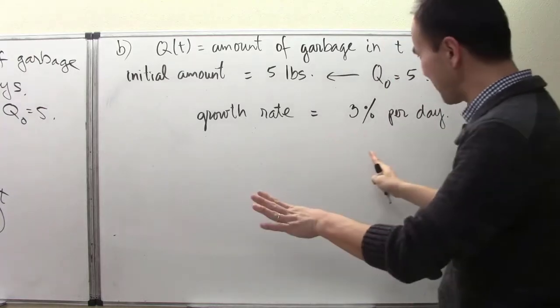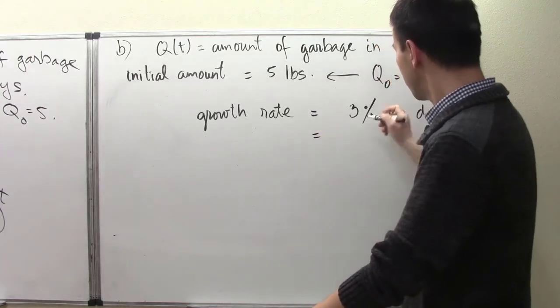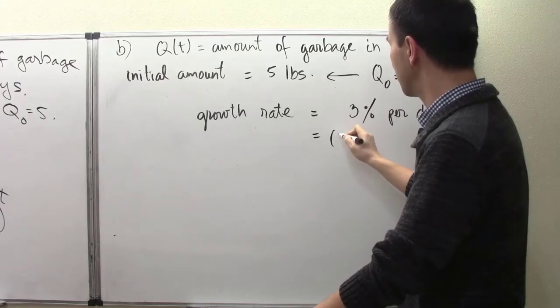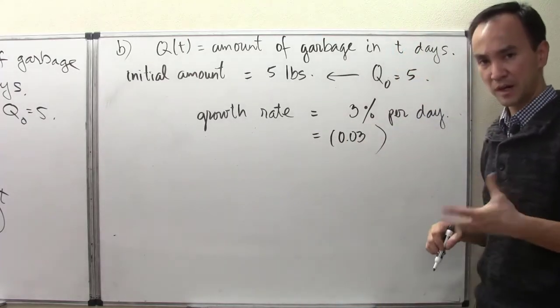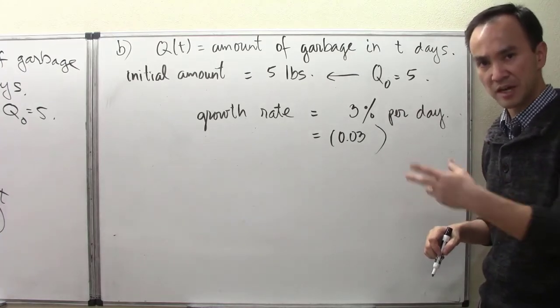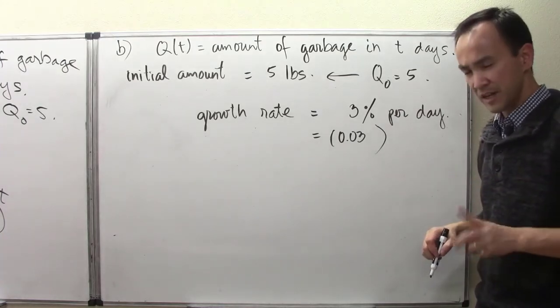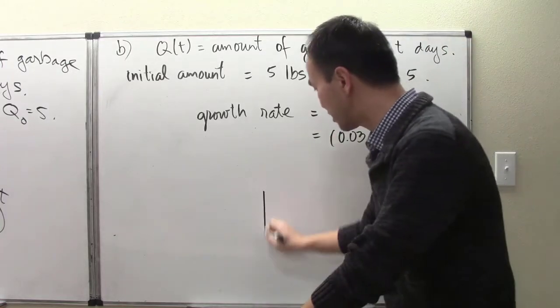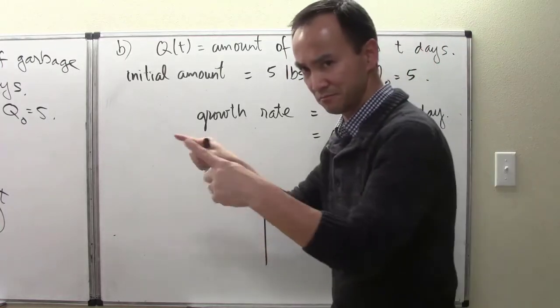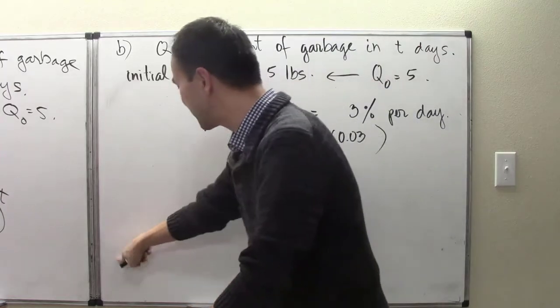So we have almost everything we need. And yes, this rate in decimal is 0.03 per day. It increases by 0.03 per day. But here's the thing. Just like the previous problem, in our thought process, we are facing that decision-making line.